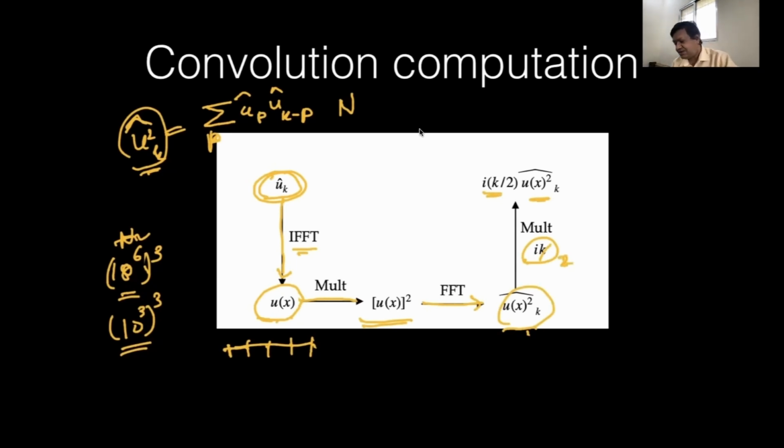Now, how many operations does it take? Multiplication at N points will take N multiplications, so this is order N. Given Fourier modes, I get u(x) in order N log N. The forward transform is also order N log N. And this last step is order N. So the dominant order is N log N, which is the most expensive part.